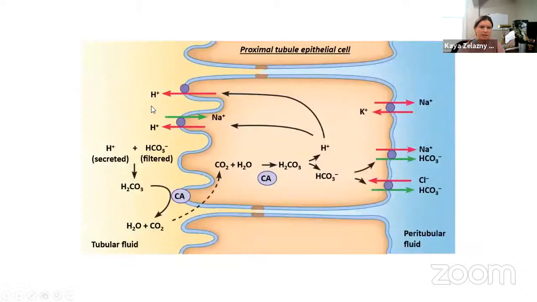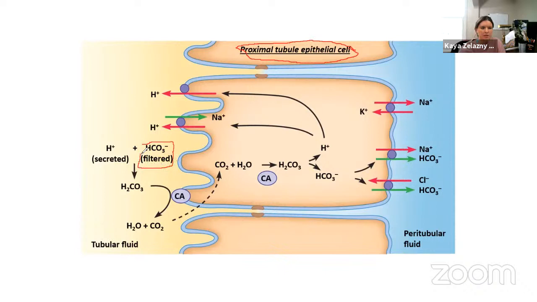Okay. So we're going to take a look at each of these cells. I'm going to try and focus us in on what's new here, basically. Okay. So what we have happening in our proximal tubule epithelial cell, right? So we've filtered a bunch of things through the glomerulus, and the important one we want to focus on to start with is bicarbonate.